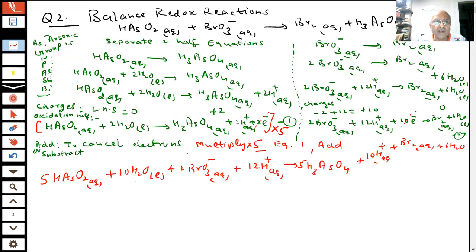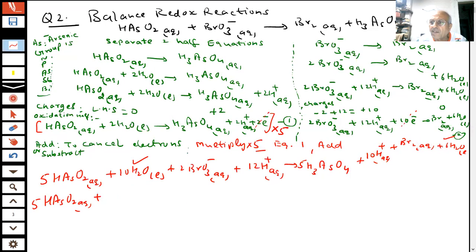Now do you have any similarities? You have here 10H2O, here you have 6H2O. So what will be the final thing? 5HAsO2 aqueous. Then this is my liquid. Okay. 10H2O minus 6H2O. How much? 10H2O minus 6 on the other side.